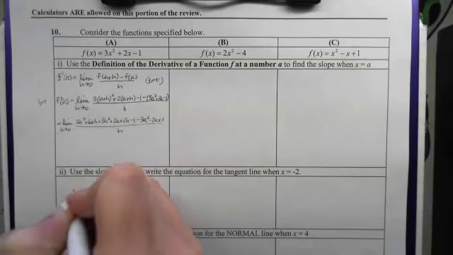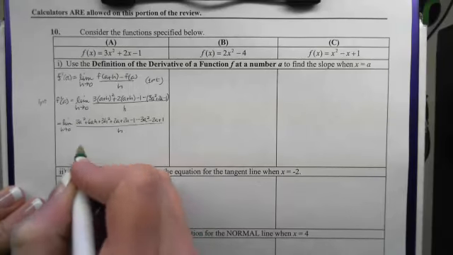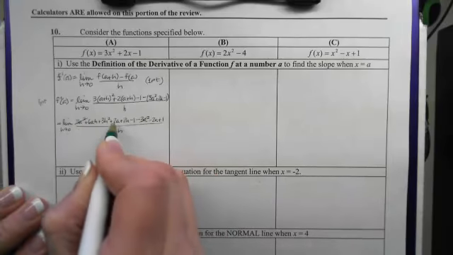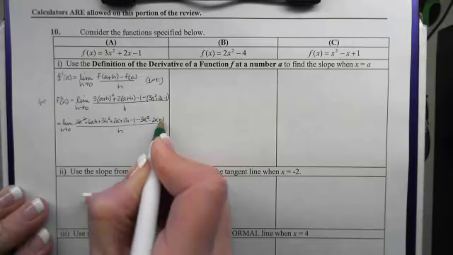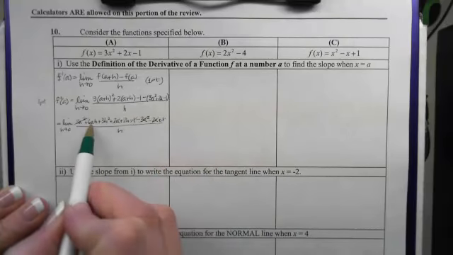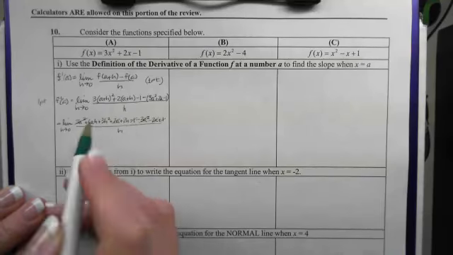Now if we've done this properly, then everything that doesn't have an h in it will disappear on the top. So that means the 3a squareds, the 2a's, the 1's disappear, and everything that's left, the 6ah, the 3h squared, and the 2h have h's remaining.